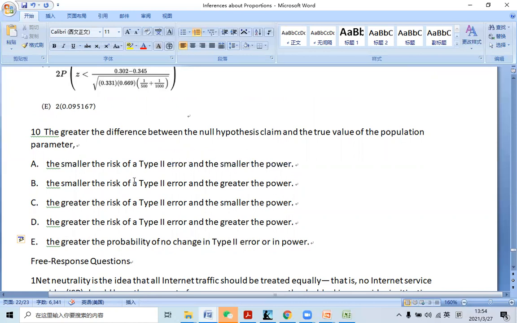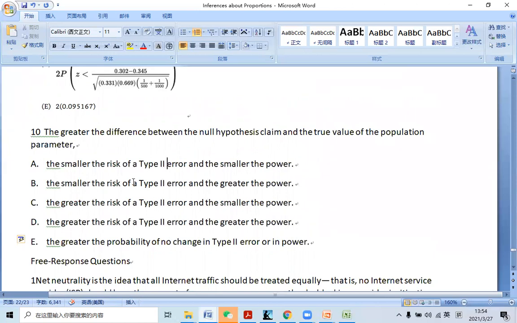Type 2 error is when there's indeed a difference, when the null hypothesis is not true, but you don't reject it. You fail to reject the null hypothesis, but the null hypothesis is not true. That's a type 2 error.